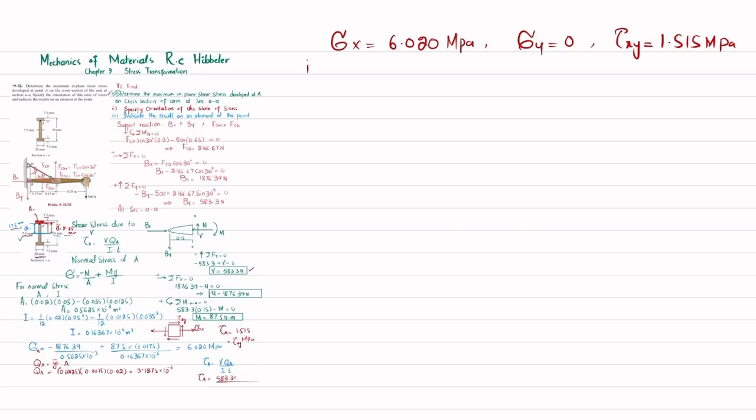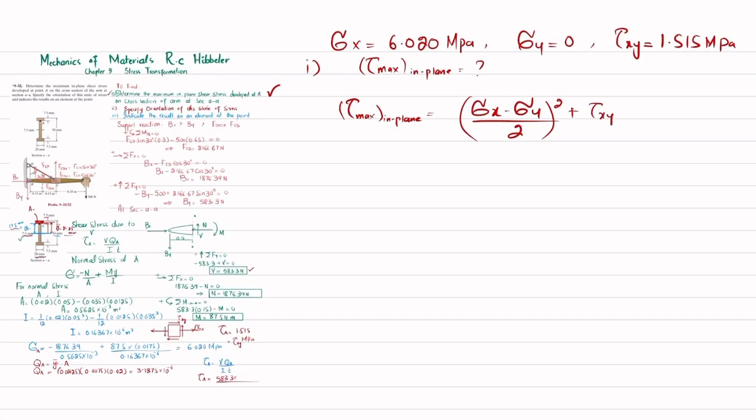In part first, we have been asked to determine the maximum in-plane shear stress, at point A. So we know that maximum in-plane shear stress is equal to the square root of ((sigma x minus sigma y) divided by 2) whole squared plus tau xy squared.